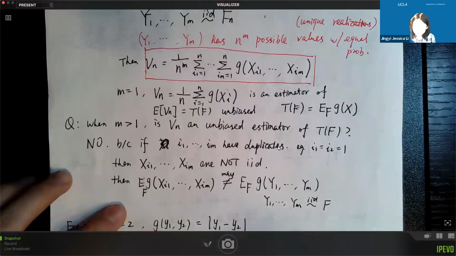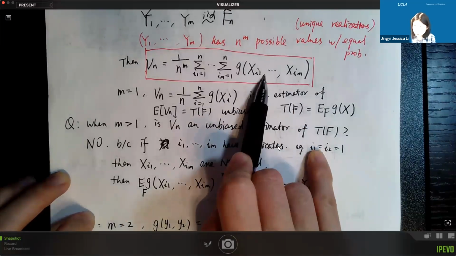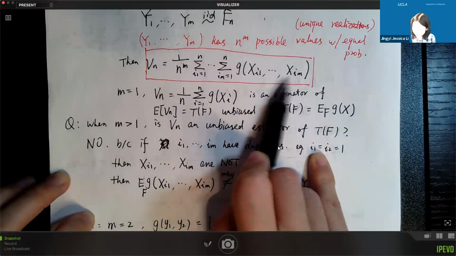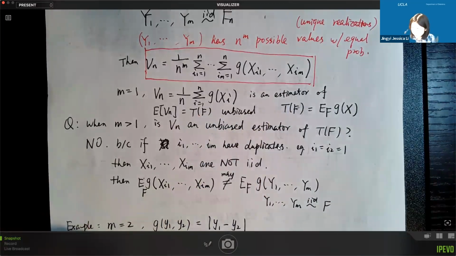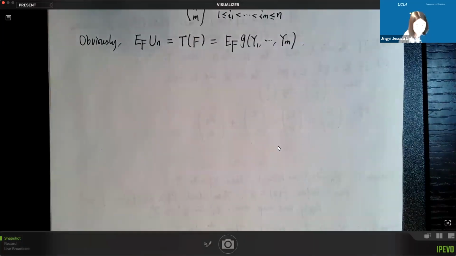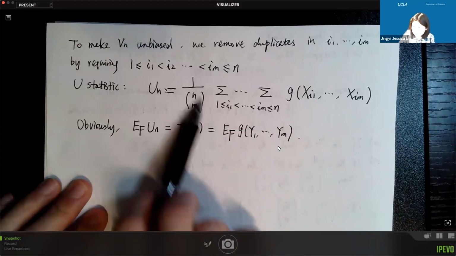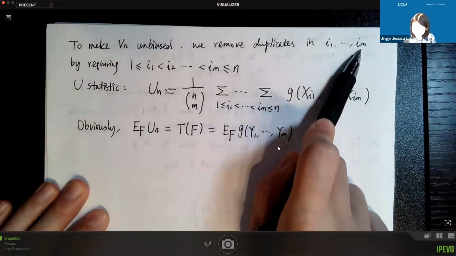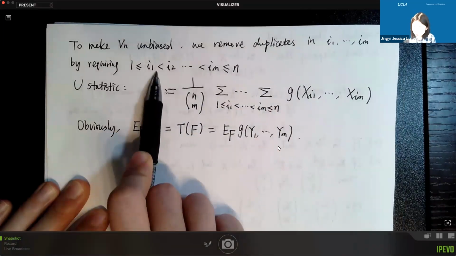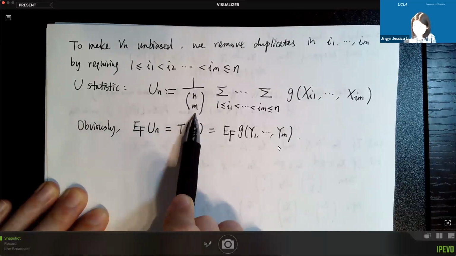We try to remove the cases where we have replication or coincidence in those m entries. So we defined the U statistic, in which we remove the duplicates in those x_i1 to x_im, making them all unequal to each other. How many possibilities do we have here? N choose m.